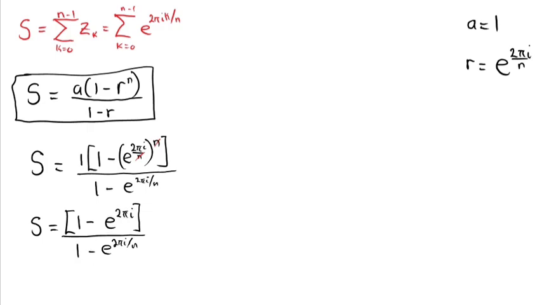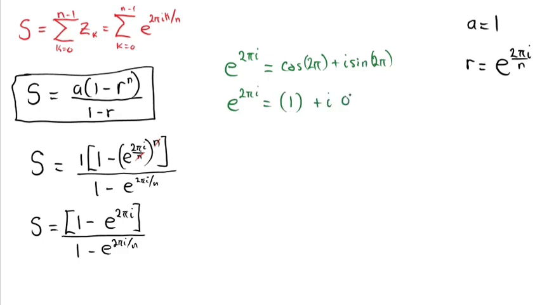Now, to understand how to break down this part, we first need to look at what it means. When we say e to the power 2 pi i, in polar form this is cos 2 pi plus i sine 2 pi, because the angle given there is 2 pi and i because it's a complex number. Now cos 2 pi is 1, plus i sine 2 pi, which is 0.